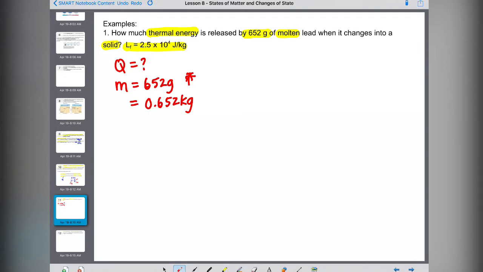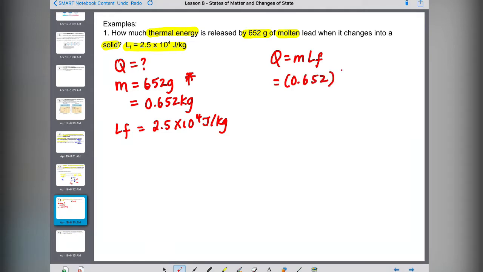Please make sure you convert it to SI units. And they give you Lf, latent heat of fusion, is 2.5 times 10 to the 4 joules per kilogram. So Q is mLf. So multiply those two out.